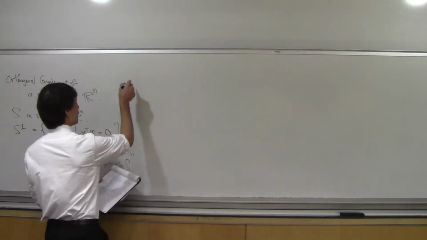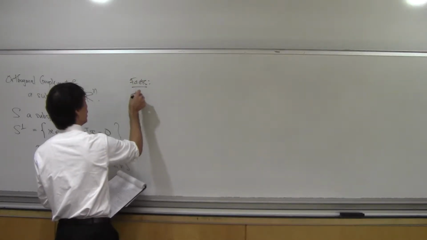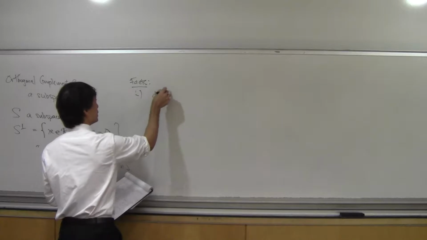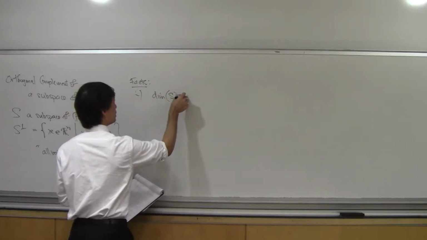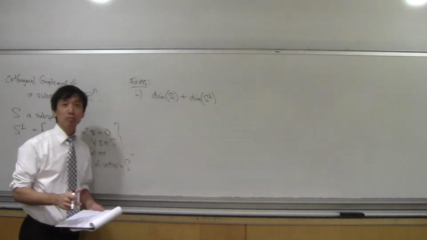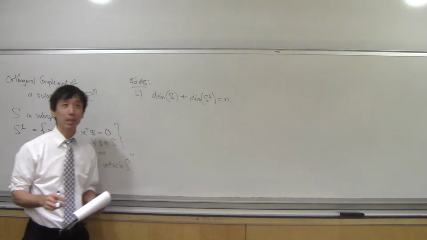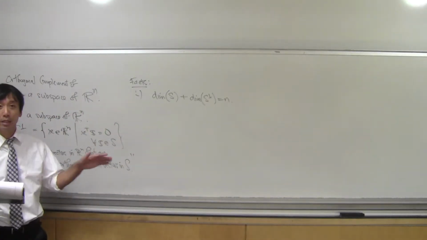And then we proved a bunch of facts last time. One was that the dimension of the subspace plus the dimension of its orthogonal complement had to add up to the dimension of the ambient space, right? The dimension of the Rn that they're living inside.